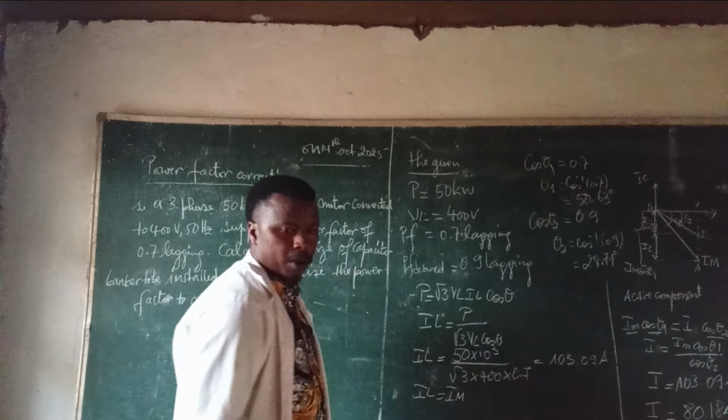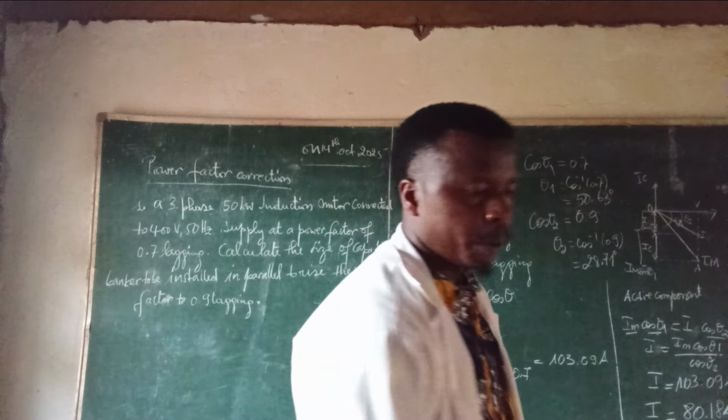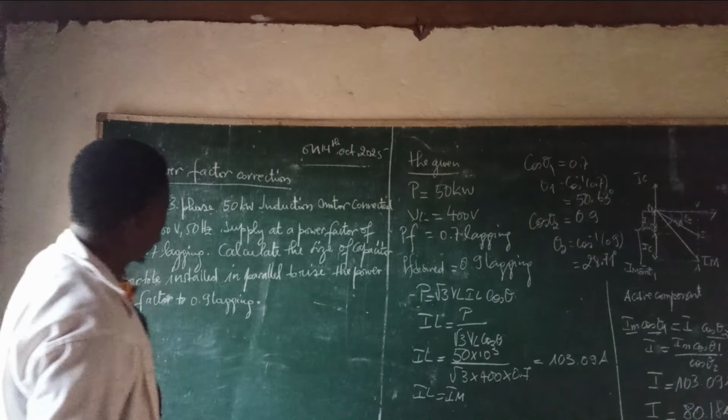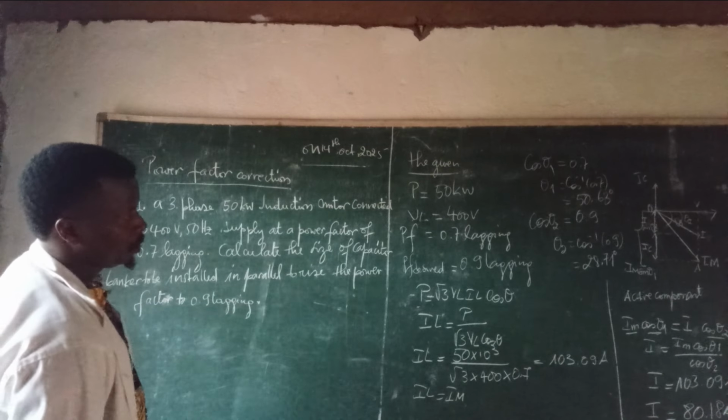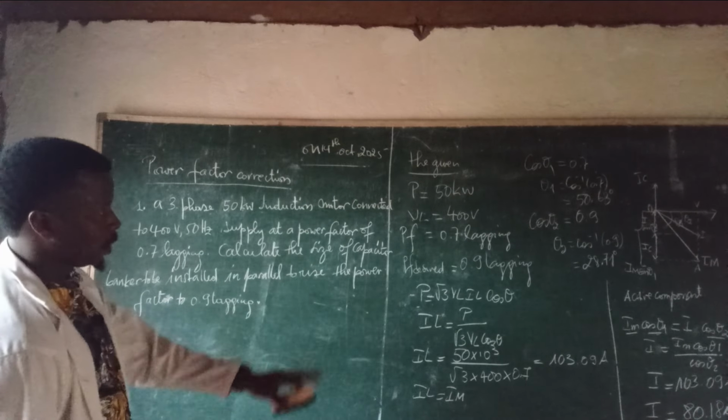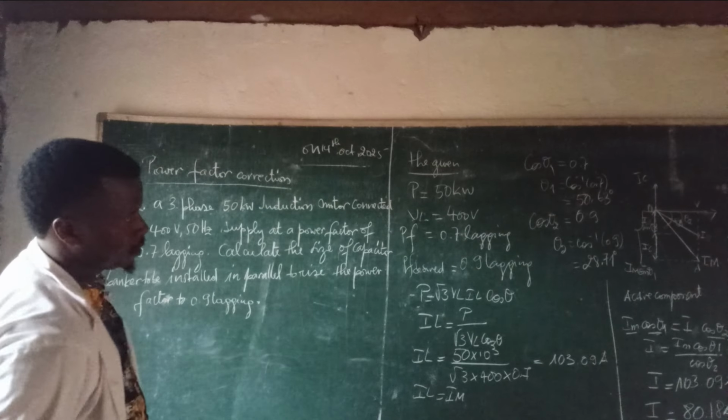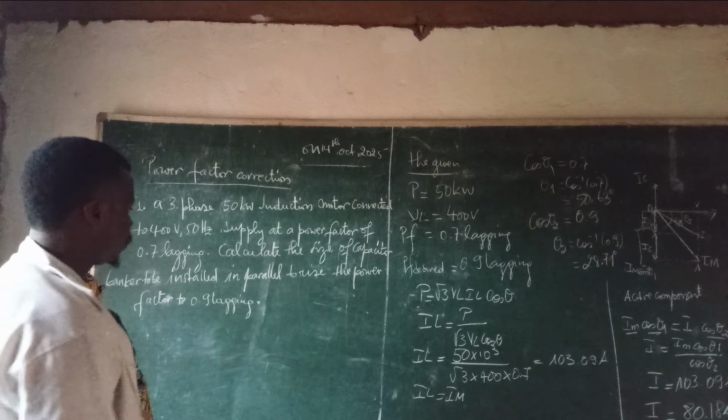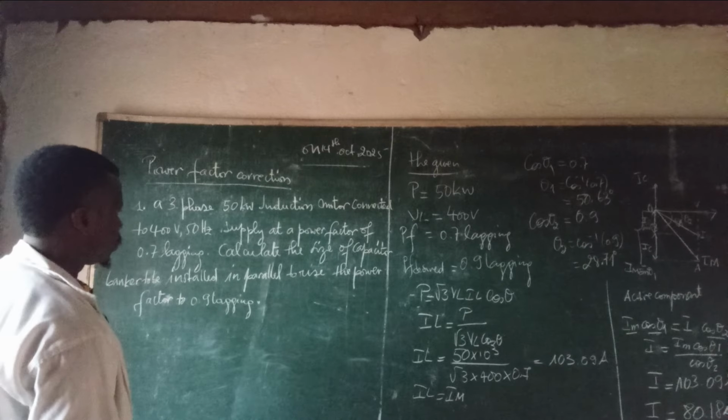Now, from our phasor diagram, we continue for our question. We are going to search the IC. After getting IC, we proceed with our question.